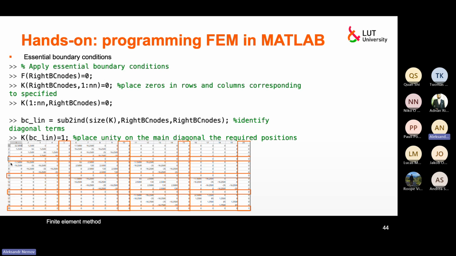Okay, and the same stands for the rows. So the fifth must be 0. The only thing that I need to keep not equal to 0 is this 1 at the intersection of the fifth column and fifth line, because then this product of the fifth line by this column gives me just T5. And if I have 0 in the right-hand side, this is exactly T5 equal to 0.